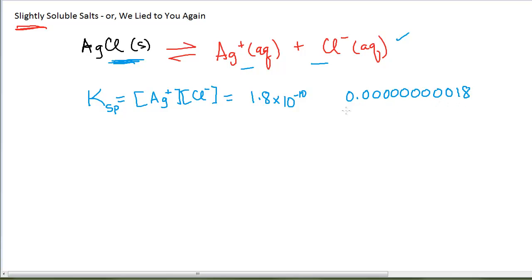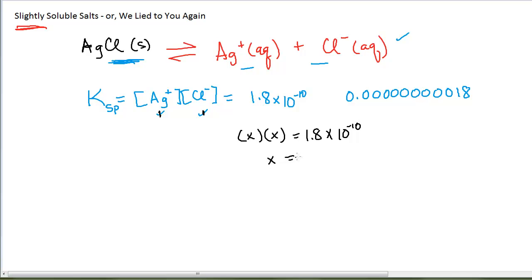That is the product of the concentration of silver ion times chloride ion. Very, very small. In a 1-to-1 reaction, I would produce 1 silver ion for every 1 chloride ion, so I could calculate what I would expect the concentration of Ag plus or Cl minus to be, because they'll be the same. That will equal 1.8 times 10 to the minus 10.